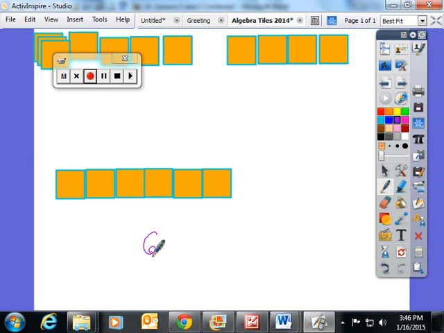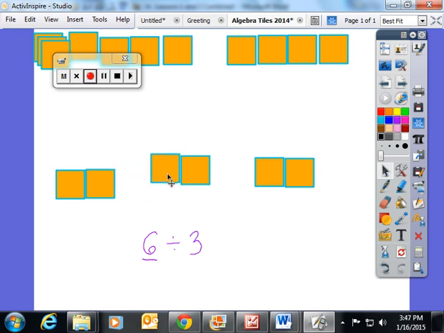The students were asked to take this amount of 6 and divide it into 3 equal groups. When they did this, they realized that 6 divided by 3 gives them a value of 2. There are 2 in each group.